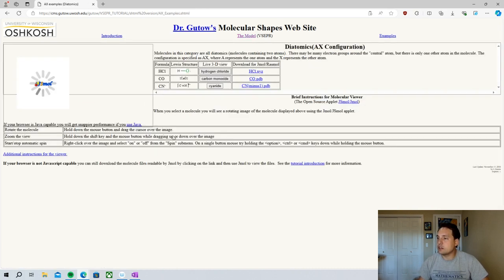A couple examples of that would be carbon monoxide, cyanide, hydrogen chloride. And when we look at these structures, there is really no geometry occurring because the two atoms are like two points, and between them are the bonds that exist.